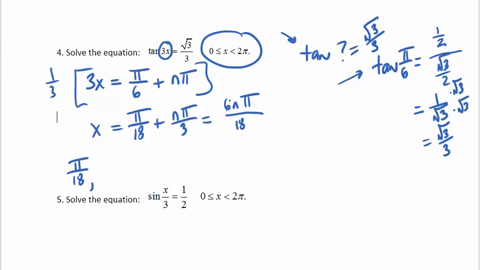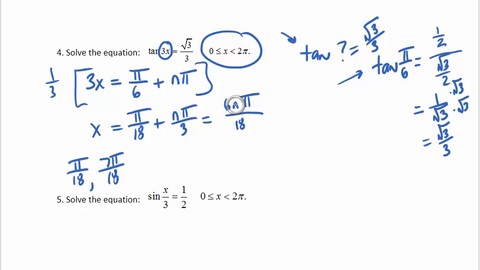I think it's easier just to say, hey, this is the same. N pi over 3 is the same as 6n pi over 18. All I did was take the top and the bottom and multiply by 6. So I get a common denominator here. That way when n is 1, I'll see that this will be 6, and then I'll have the 6 plus the 1 here will give me 7 pi over 18.